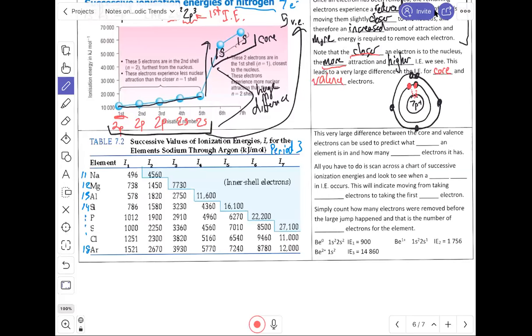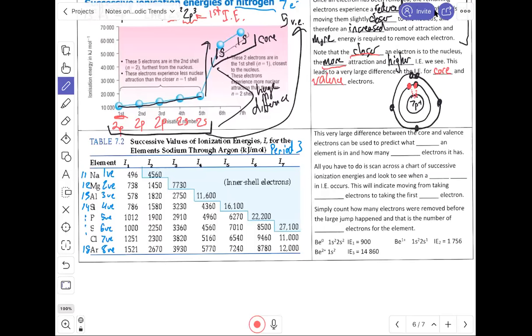The other thing I would say is, since we know what these elements are and what groups they're in, we know their number of valence electrons. So sodium has 1 valence electron, magnesium is 2, aluminum is 3, 4, 5, 6, 7, and 8.